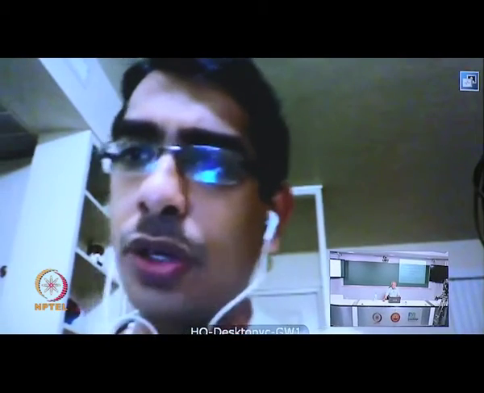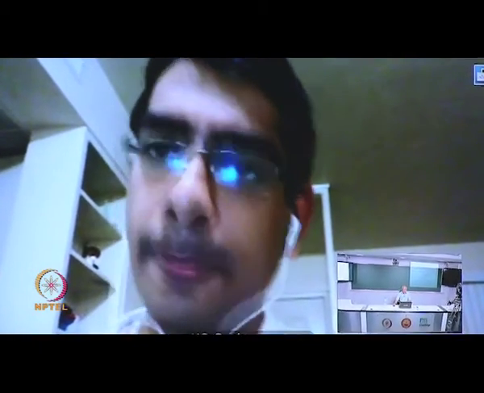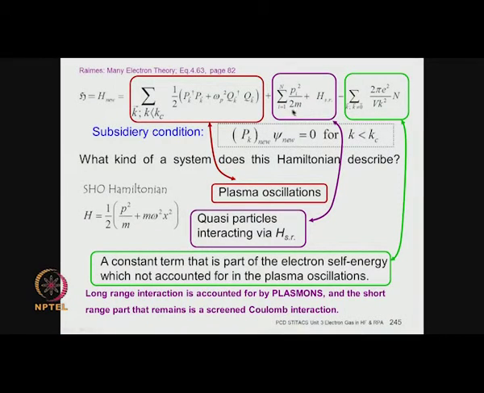Well, it is like a Hartree-Fock. The second term, you're referring to the short range part of the Hamiltonian, right? Yeah, the quasi-particle. Yeah, you're referring to this term. Yes.